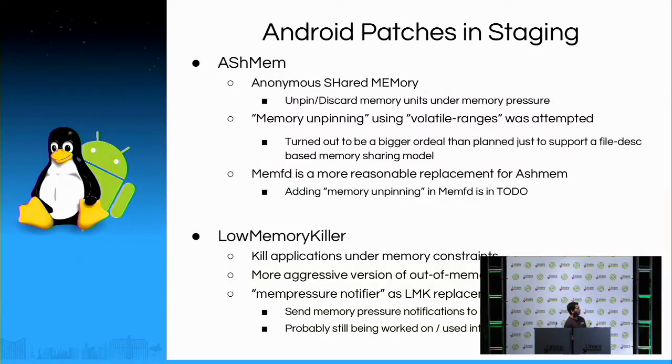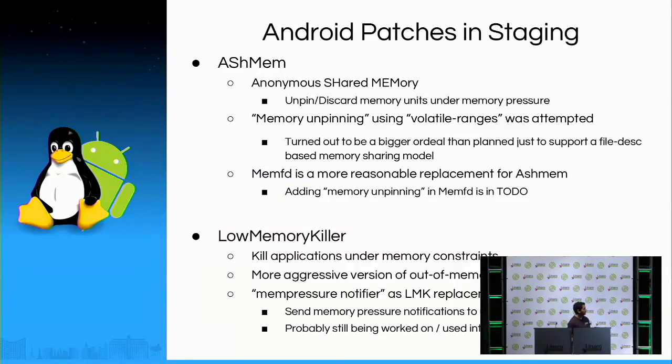Now John Stultz tried to implement this memory unpinning using volatile ranges, but it turned out to be a bigger deal than just supporting file descriptor based memory mapping. Another reasonable replacement which John looked at is memfd. memfd is again file descriptor based memory mapping, and the only thing missing again from this framework is the memory unpinning feature, which is currently in to do.